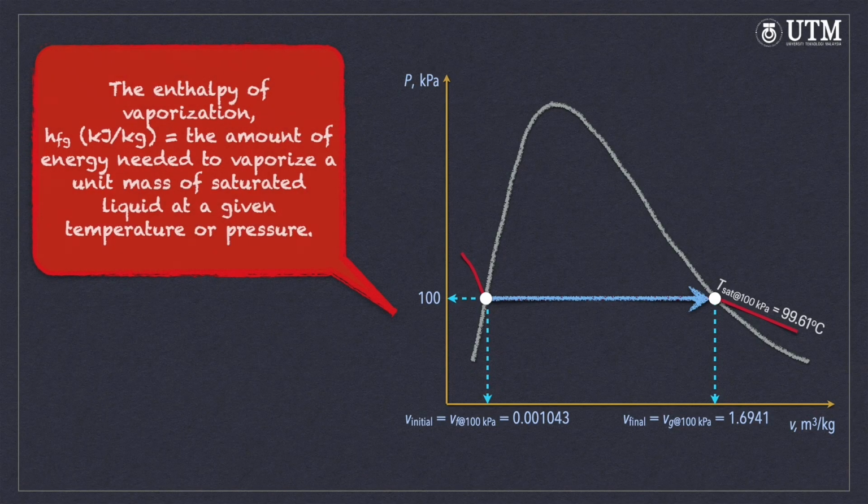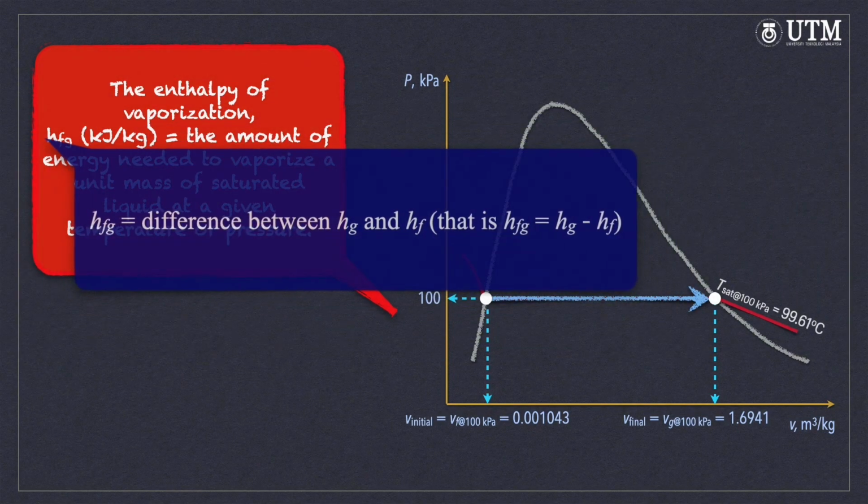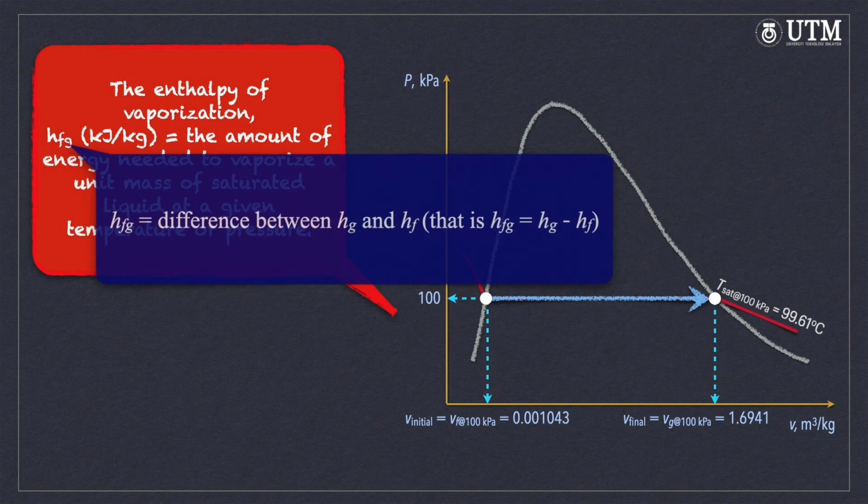The amount of energy needed is determined by multiplying the mass of the saturated liquid water with the enthalpy of vaporization at the given pressure. A new property called the enthalpy of vaporization is introduced. It is denoted as h subscript fg.